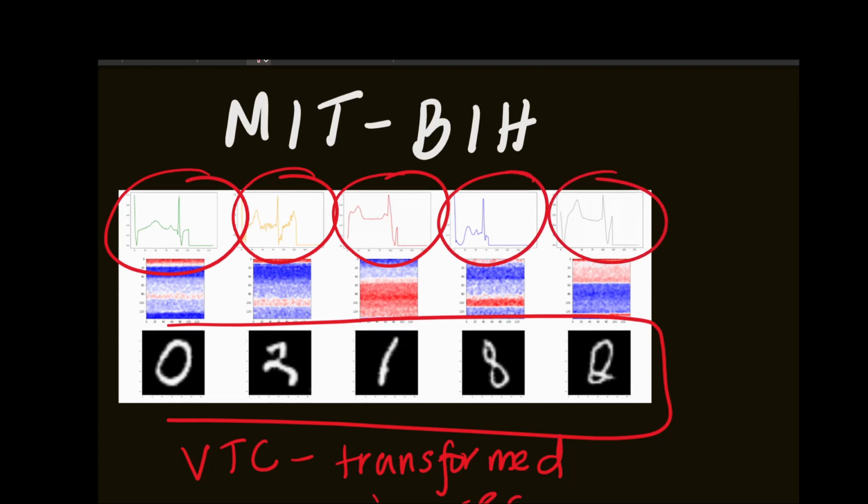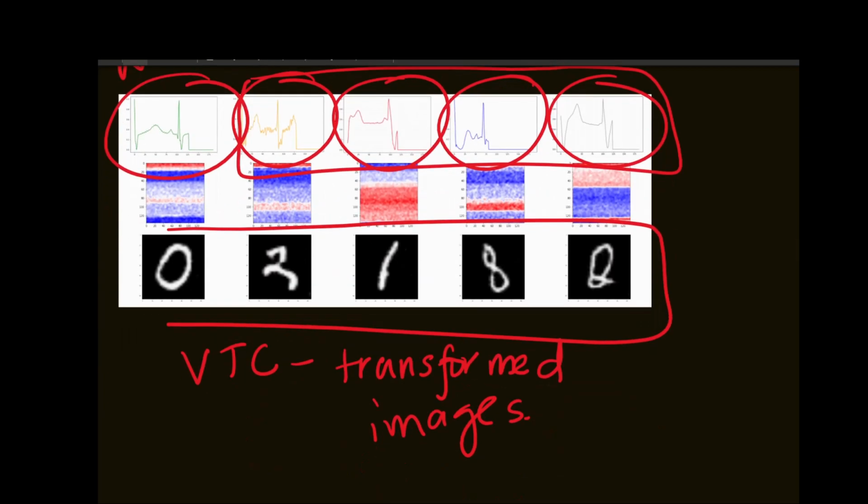Everything else is some kind of abnormality. For the VTI transform, the normal heartbeat has a particular signature or pattern in the images, and all the other images look a little different. So just by looking at the images, you can tell one heartbeat from another.